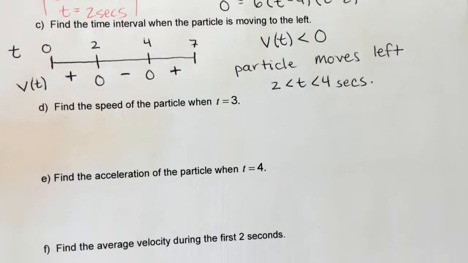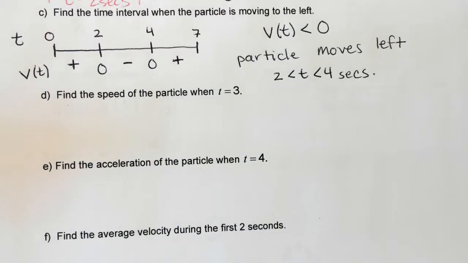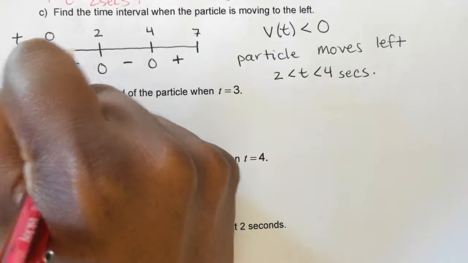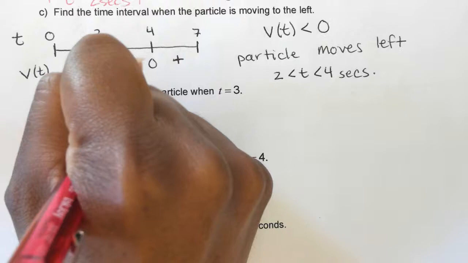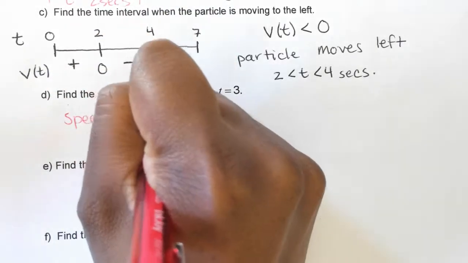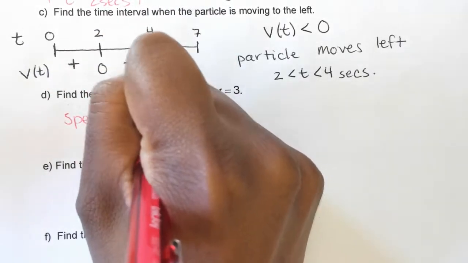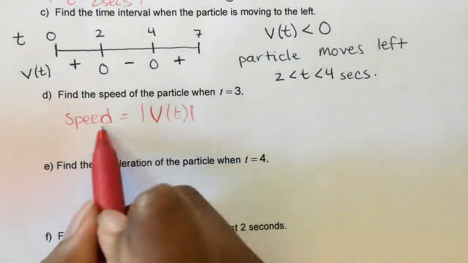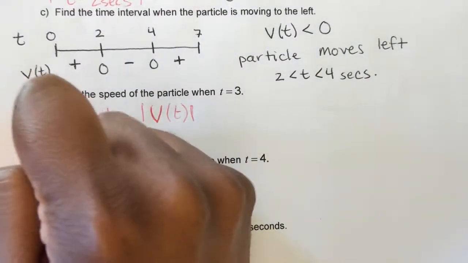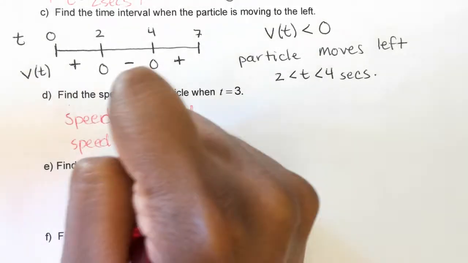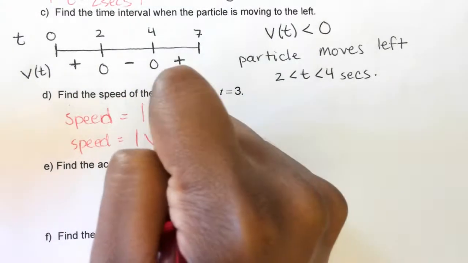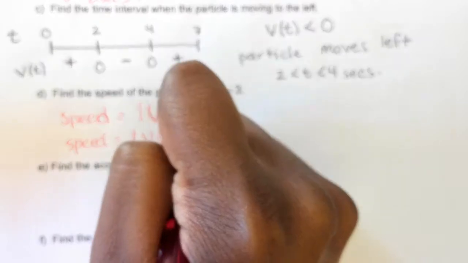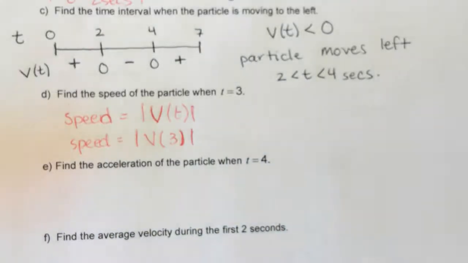All right. For D, we want the speed of the particle when t is 3. So again, speed is equal to the absolute value of velocity. So we want the absolute value of the velocity when t equals 3.